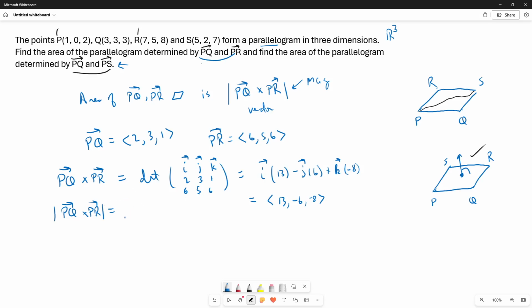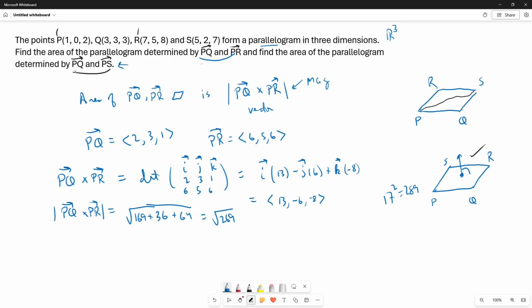Okay, so our magnitude is the square root of 13 squared plus negative 6 squared plus 8 squared, and that's 100, so 269. And I think 17 squared is 289. So that's not a perfect square that I know of. And I don't know if there's a perfect square in there or not. Let's just leave it as the square root of 269.